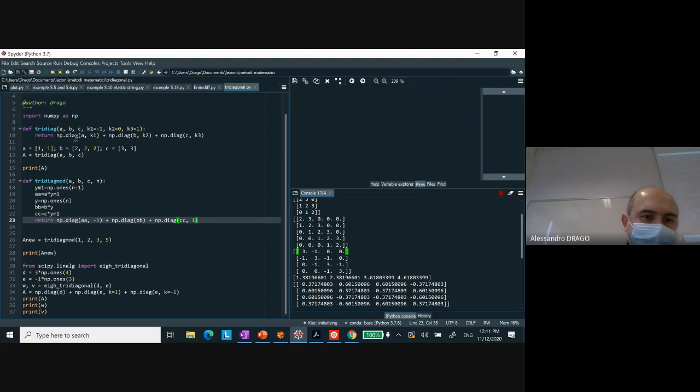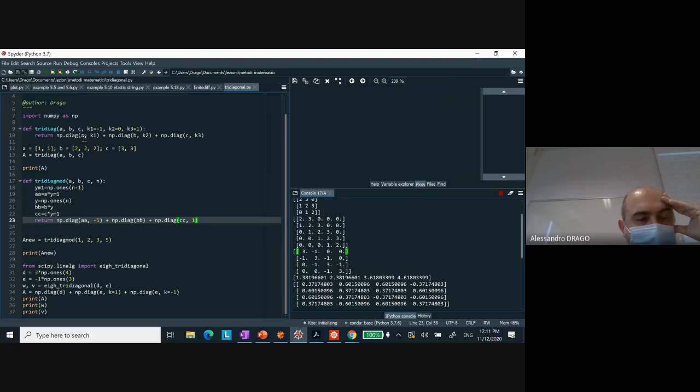So for instance, this command here, let me remind you, np.diag exists inside the package np, which is NumPy. Okay. And this diag essentially is telling you to fill a diagonal with all numbers equal to a, okay?